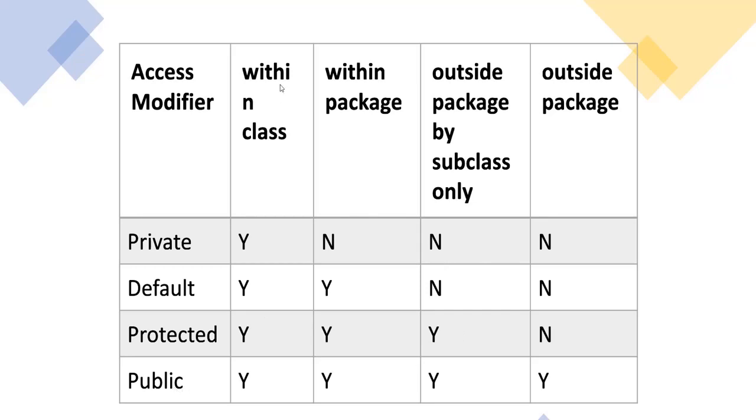In the case of public, it is accessible within the class, within the package, outside the package by creating a subclass also, and outside the package also. So this is how access modifiers work. Based on how important a particular method or variable is, we have to add these access modifiers.